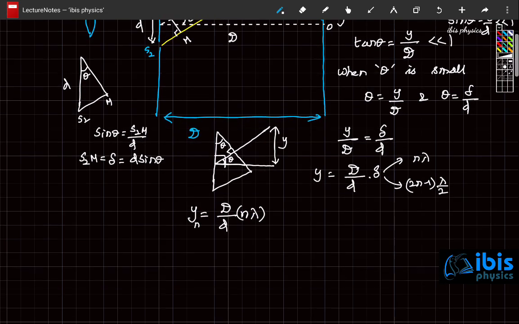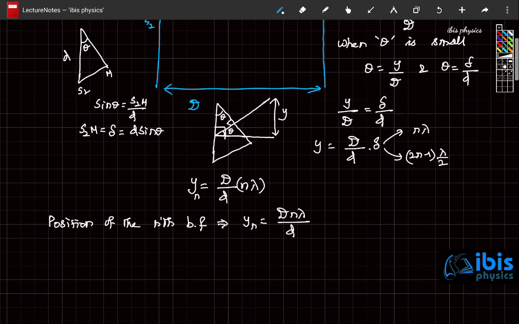So the position of the nth bright fringe, yn, is equal to D n lambda by d. And what about the position of the nth dark fringe?